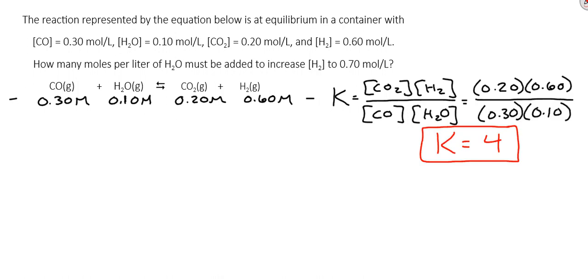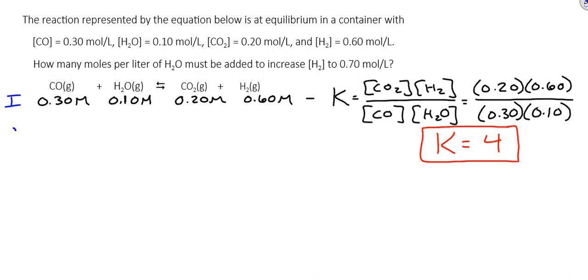So by plugging them in, it actually tells me that K equals 4, which sometimes is an uncomfortable value because it doesn't quite seem like that would be an appropriate value, but K is 4, so that means that the products are favored.